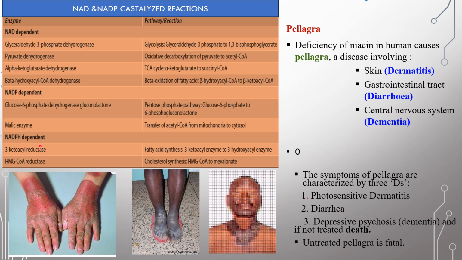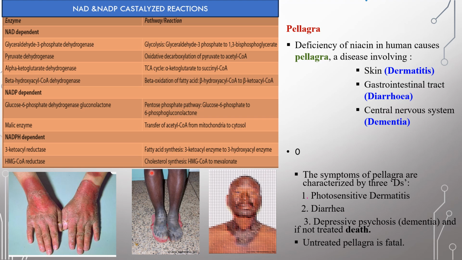Then NADPH dependent reactions, which lead to reductive synthesis of fats. Then 3-ketoacyl reductase, which is involved in the synthesis of fatty acids, converting 3-ketoacyl enzyme to 3-hydroxyacyl enzyme.